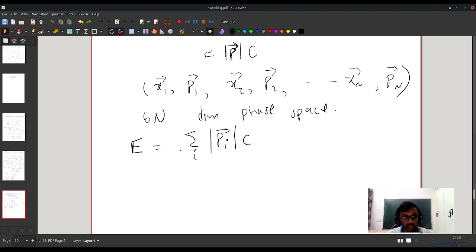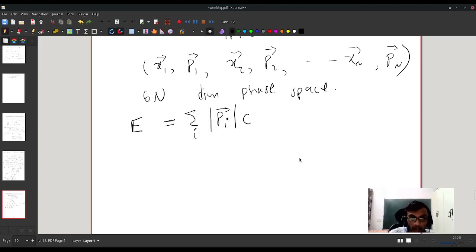This is the energy function of the system, and we'll have to find the volume of the region which corresponds to the energy being less than some value E naught.